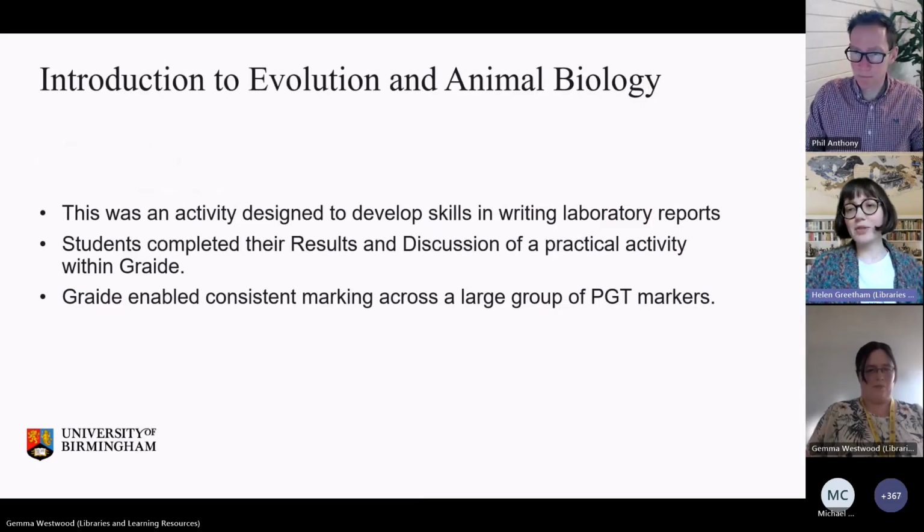So specifically, this was looking at writing a lab report, and specifically two elements of that lab report. So the results and the discussion. And I think the biggest benefit that was found was that it allowed for really consistent marking over a large group of markers, including PGT markers who were maybe new to that marking process and needed a bit of support.